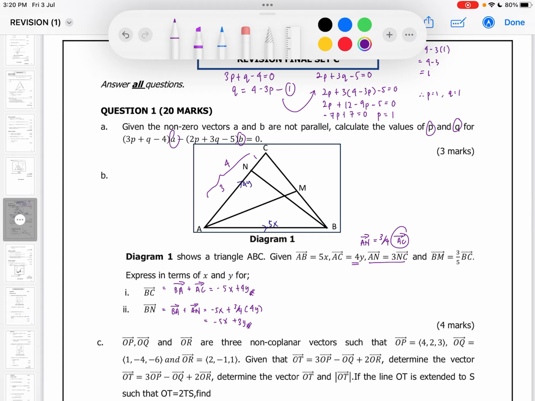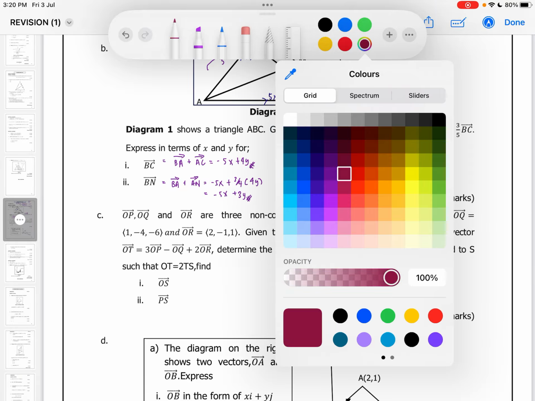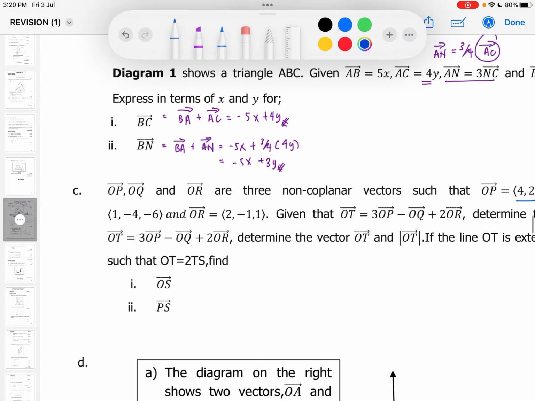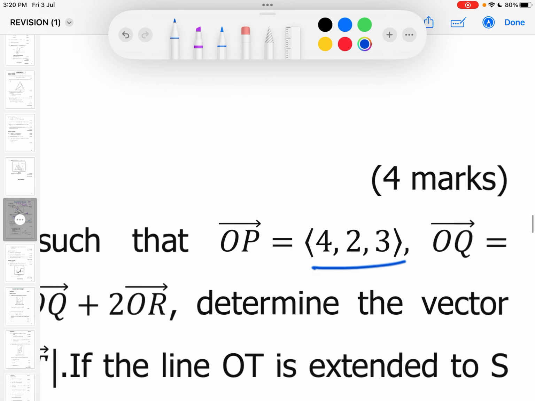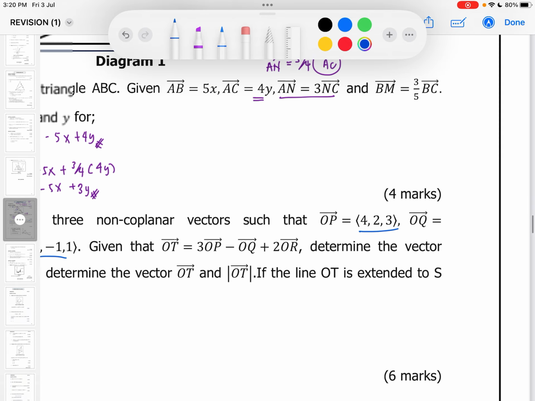Okay, now for C. Normally you would test on 3 non-coplanar vectors, so basically x, y, z. Over here in the question, OP, OQ, and OR are 3 non-coplanar vectors such that OP equals these coordinates, OQ equals this, OR equals this. So each of these actually represents the values of x, y, and z.